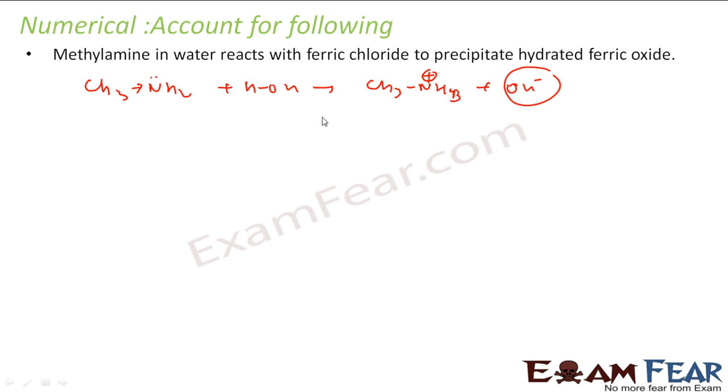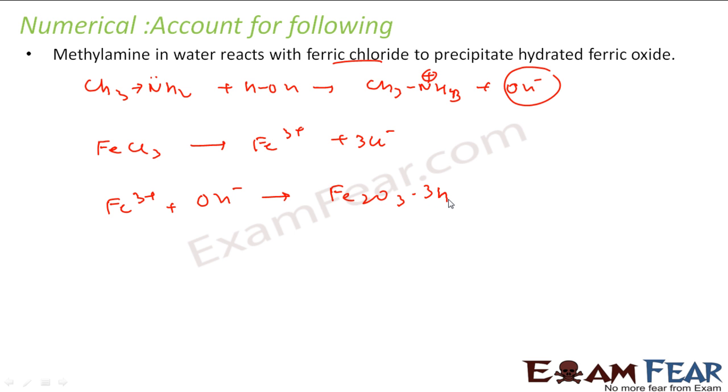Now let's see FeCl3, because FeCl3 is forming ferric oxide. Let's see why. FeCl3 is nothing but Fe3+ and 3Cl-. Now if I have Fe3+ and OH- in the system because of the methylamine, the reaction will happen and it will become Fe2O3 and 3H2O.